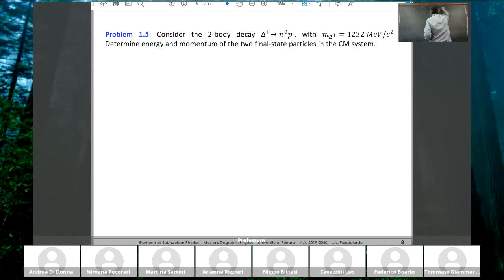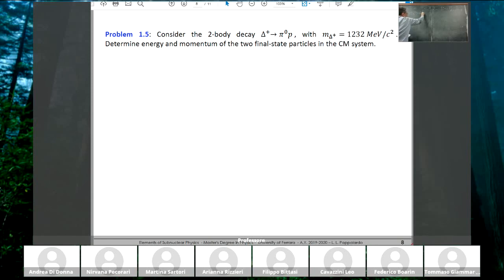That means that the total momentum in the center of mass must be 0, so the momentum of the pi0 must be equal and opposite to the momentum of the proton, and the two must have the same modulus, that we can simply call P. Now, the four-momentum in the initial state, where we only have the delta plus at rest, is E star, P star initial.